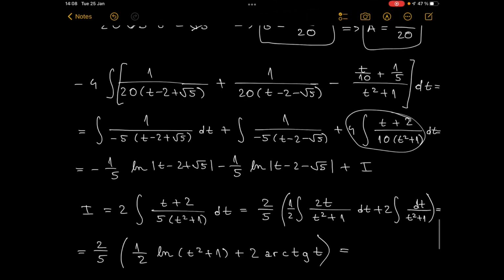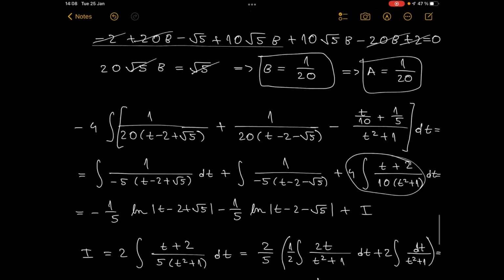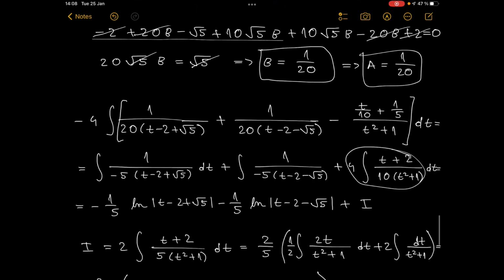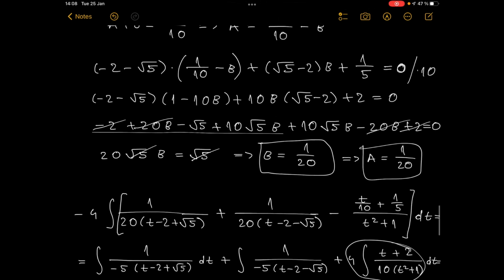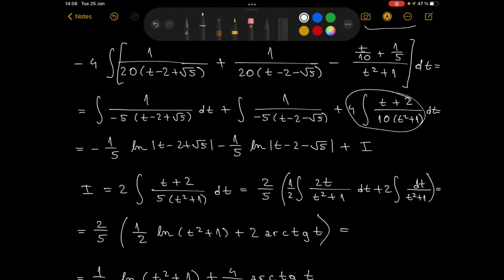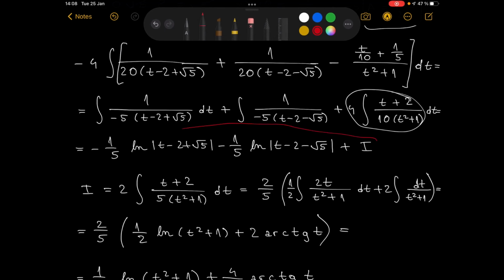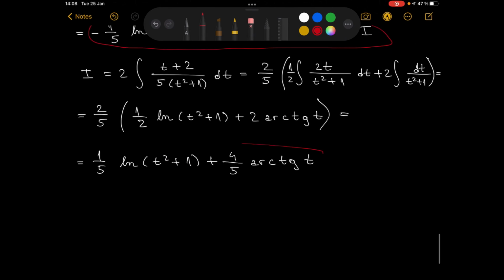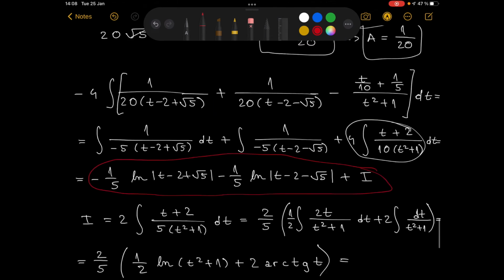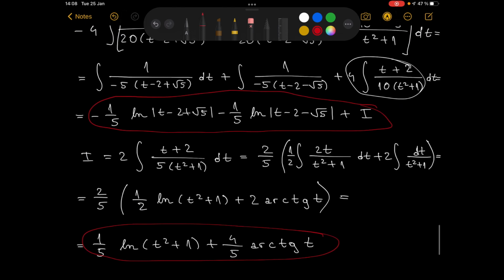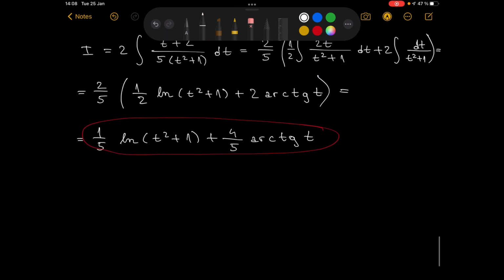So now when we've got our result, we have to go back to this is our complete result. And I is equal to this. Now we just have to go back to the x world.